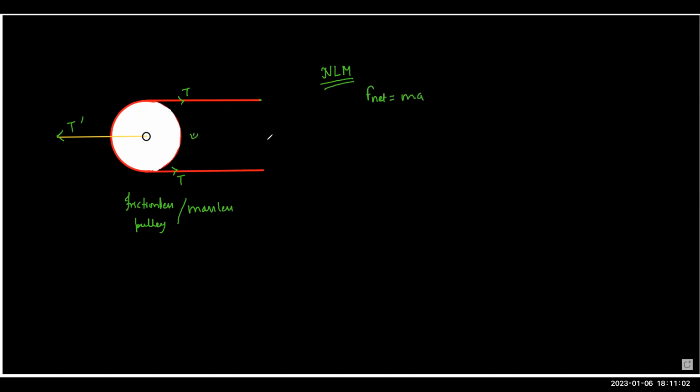So for this pulley, the net force we can either write as T dash minus 2T or 2T minus T dash, if you're writing towards the right direction. This would be the net force.